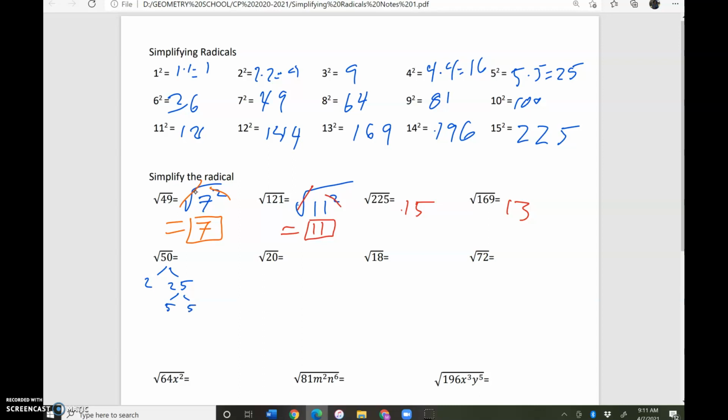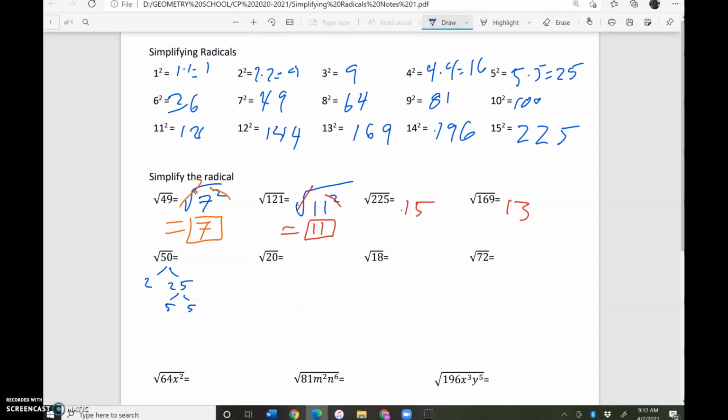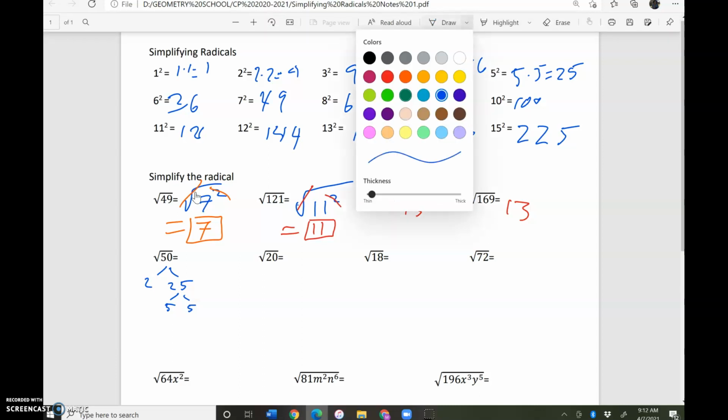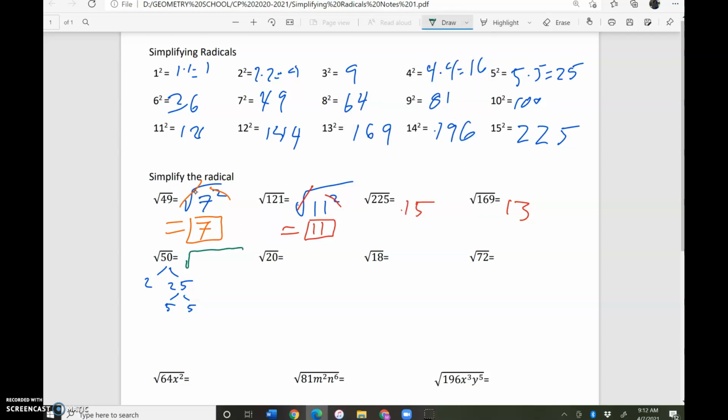So that means this is going to be the same thing as the square root of 2 times 5 squared.